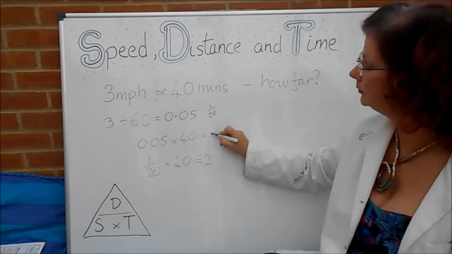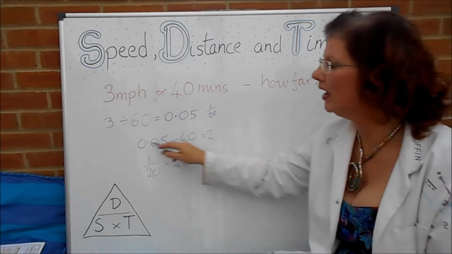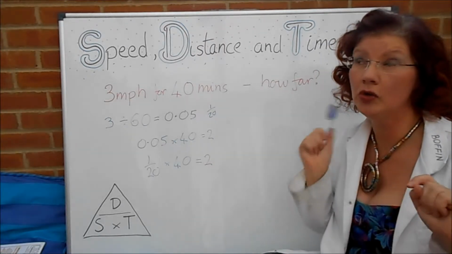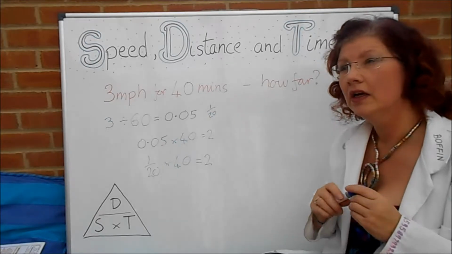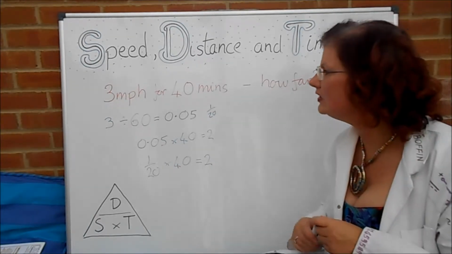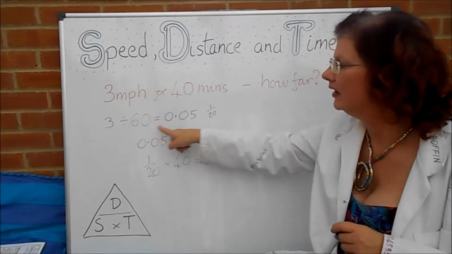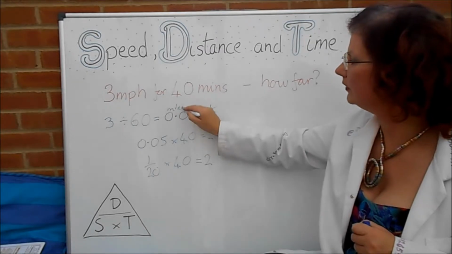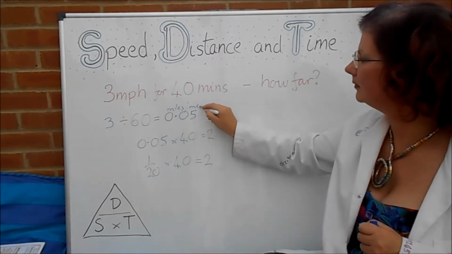That one's also 2. If you're not happy with multiplying with decimals, check out some of the Batty Boffin maths videos on multiplying. I think they are the later ones, maybe number 10, 11 or something like that. So there it is, done with changing the miles per hour into miles per minute.